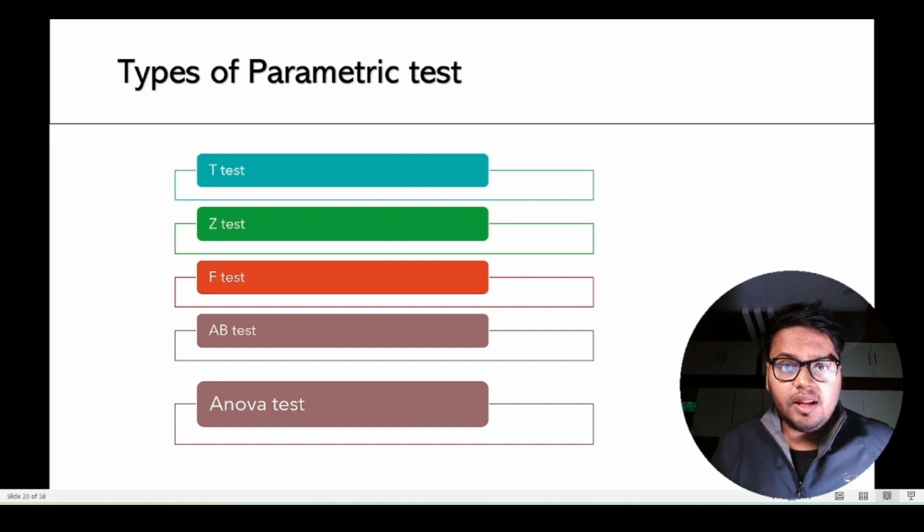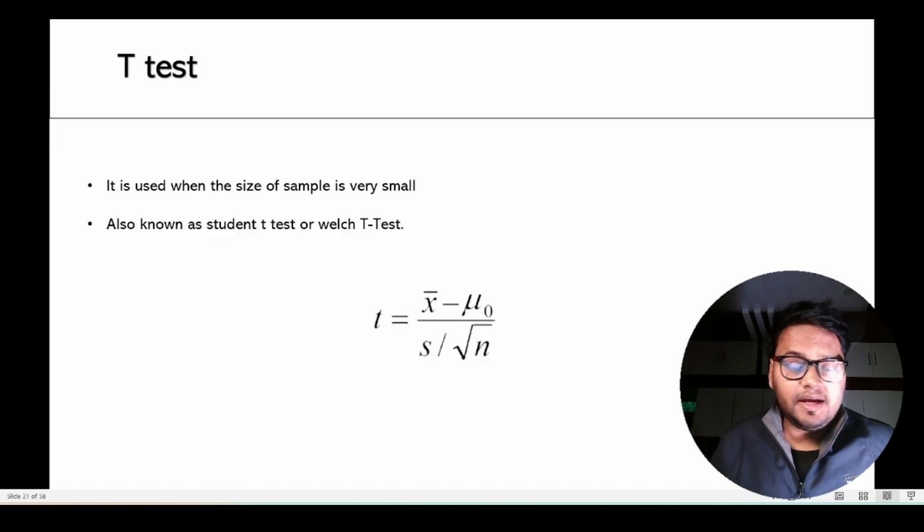First of all, let us understand what we mean by t-test. T-test is also called student t-test or Welch t-test. It is used when the size of the sample is very small, and you can calculate it using this formula: t equals x bar minus mu naught divided by s upon root n.